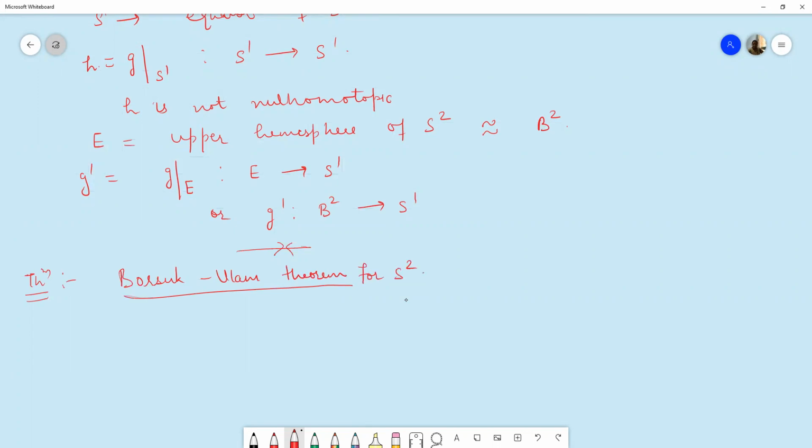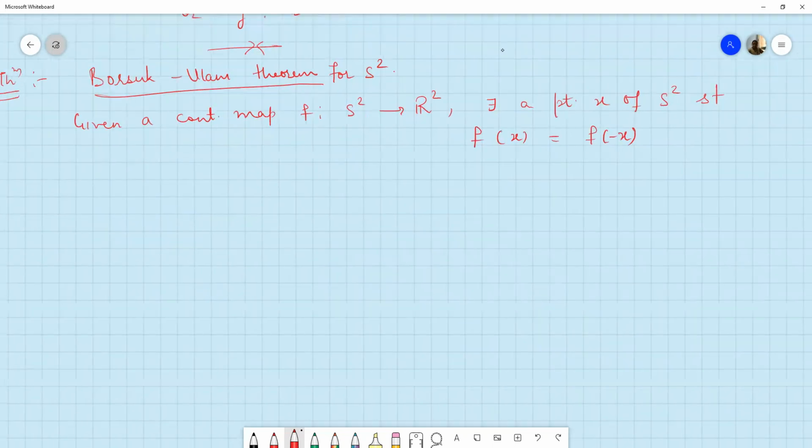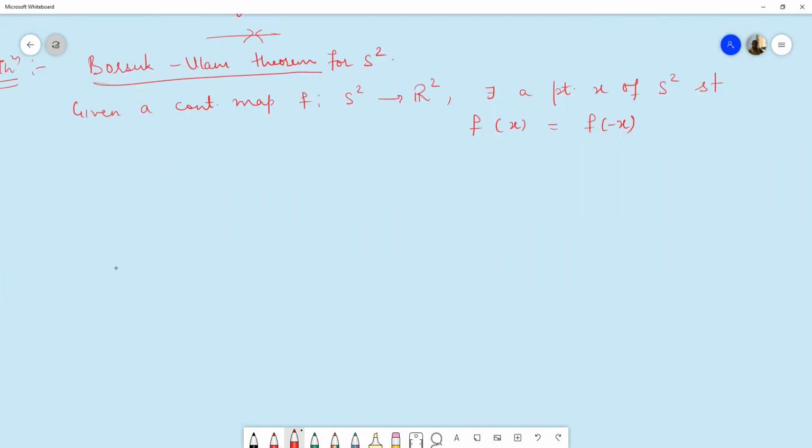Now this theorem says that if we have a continuous map F from S2 to R2, then there exists a point of S2 such that the image of the point and the image of its antipode are the same. So for a continuous map from S2 to R2, there exists a point in S2 such that the point and its antipode have the same images under F.